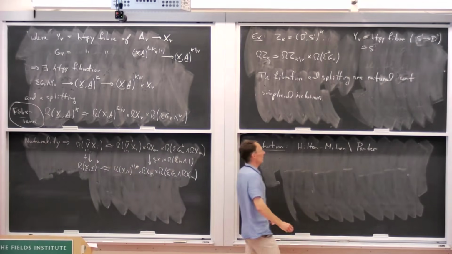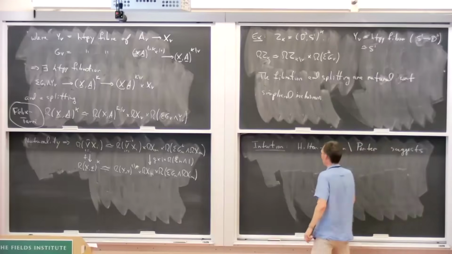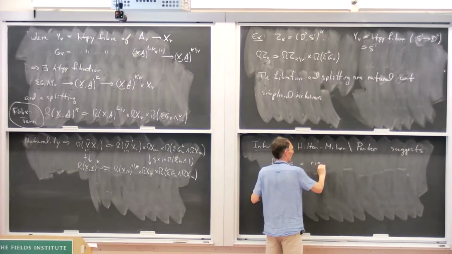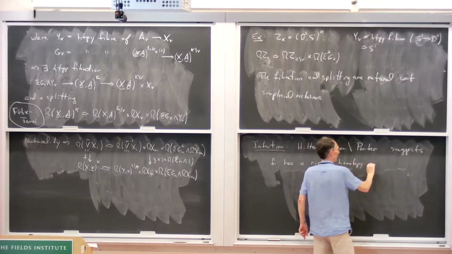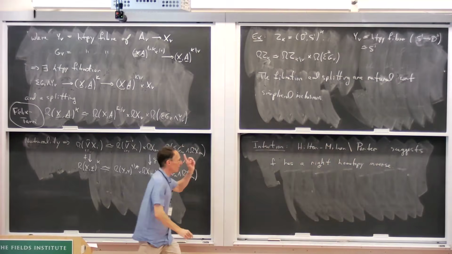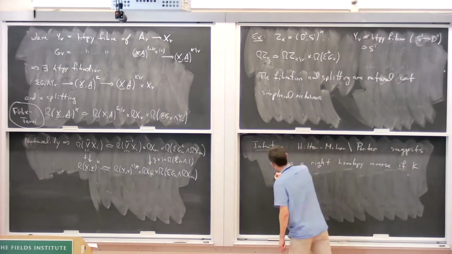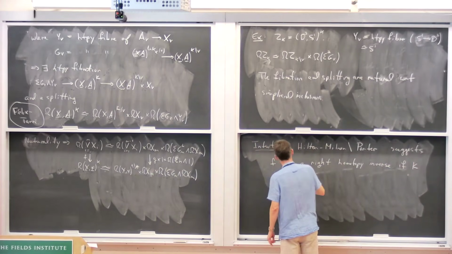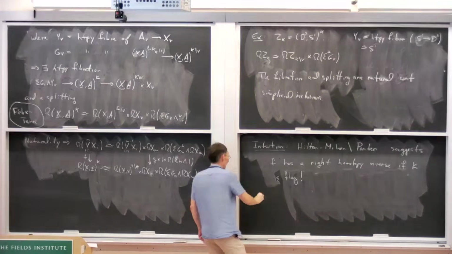So the intuition suggests that this map F has a right homotopy inverse, if K is flag. And in fact, that's true.